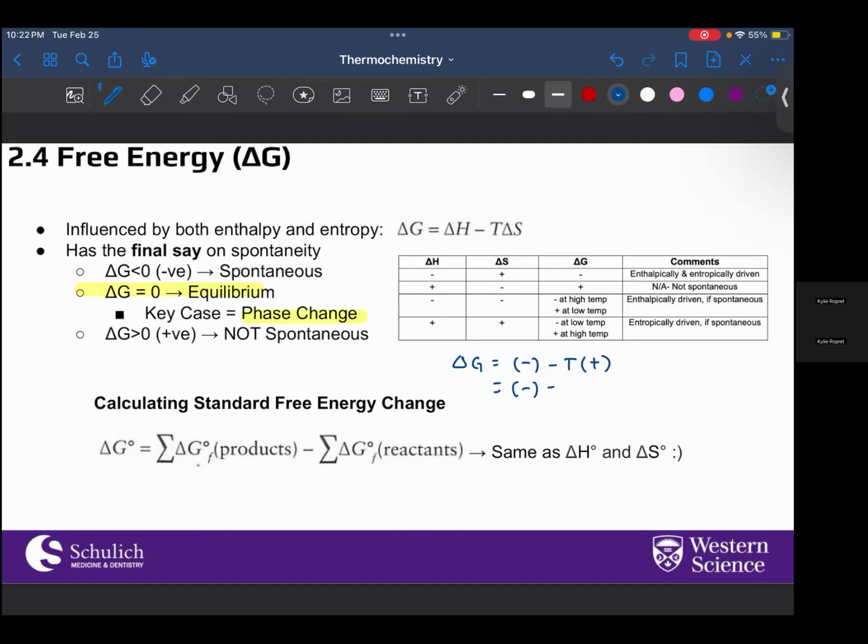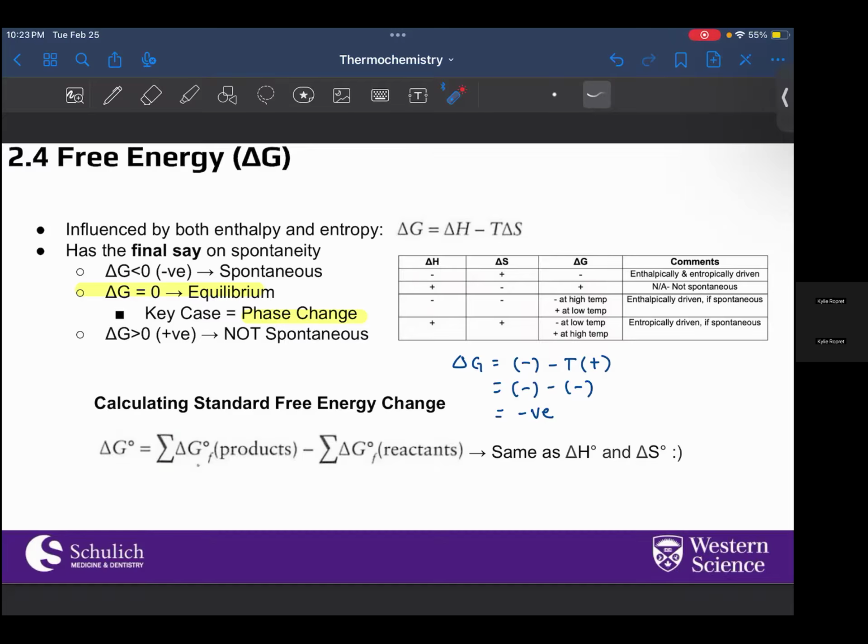So you're essentially doing a negative value minus another negative value. So obviously that's going to make delta G negative. And so you can see that as you go through the different scenarios. Just with these two bottom ones, it will depend on the temperature, whether it ends up being spontaneous or not.